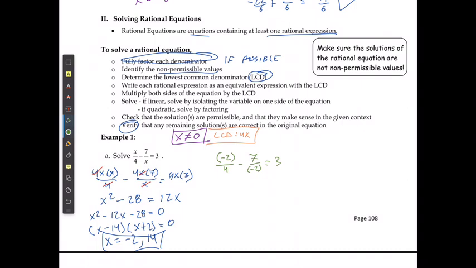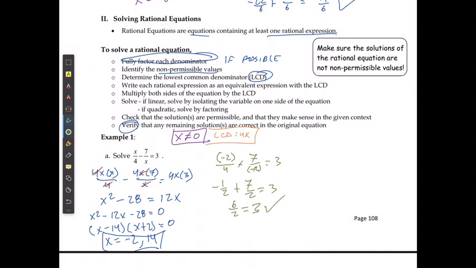Well, negative 2 over 4 can get reduced to negative 1 over 2. And in the second one, the negatives can cancel out. So minus negative 7 over 2 can be the same as plus 7 over 2 is equal to 3. Negative 1 over 2 and positive 7 over 2 is going to give me 6 over 2, which does equal 3, and that one works.